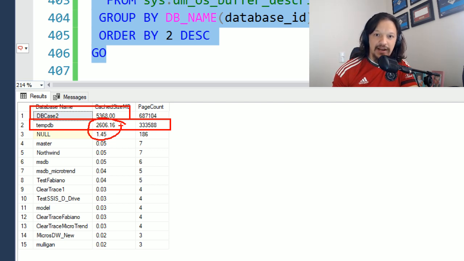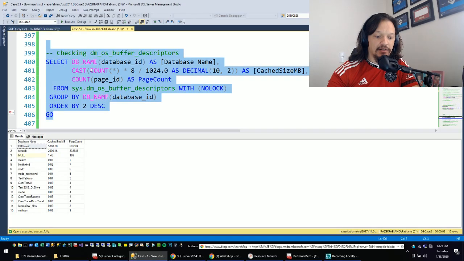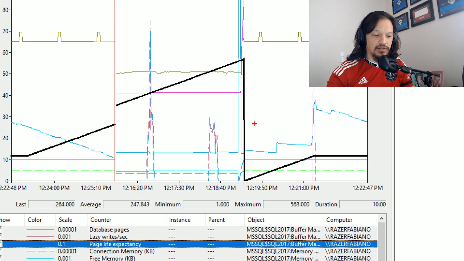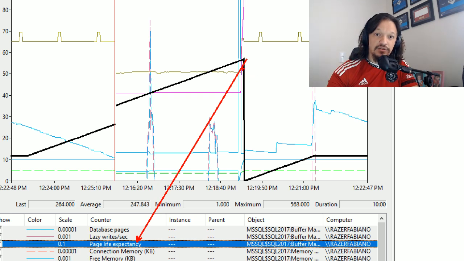The available data cache was not enough, so it had to remove some of the pages from the cache, and those pages were from the DBCase2 database. So that means that the PLE, the page life expectancy counter, when I ran the insert into the tempdb database, dropped because it had to remove some pages from the cache.